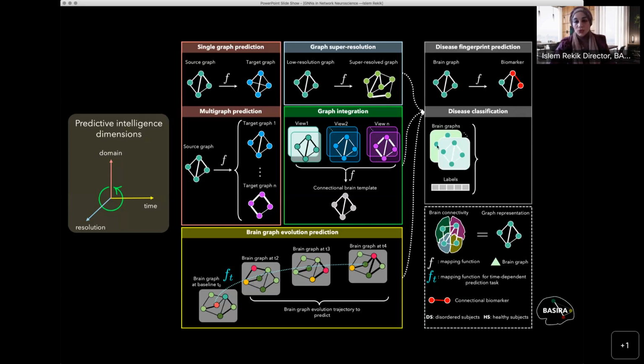Also, we can do some disease classification, learning how to distinguish between disordered subjects and healthy subjects. So the goal is to do a cross-modality affordable data generation that enables you to boost diagnosis and to understand how the disease affects the brain, for example, in a more holistic way.